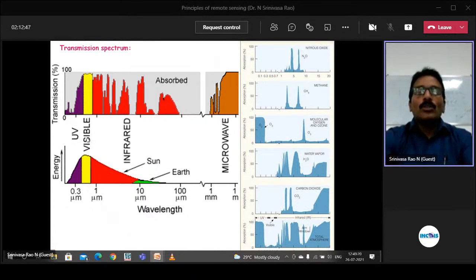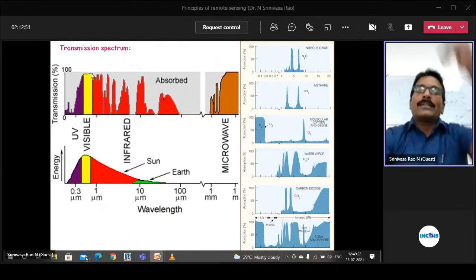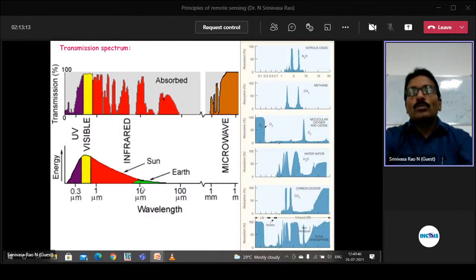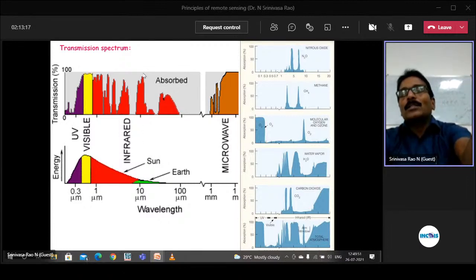Now, if you see this, visible light, maximum up to 90%, goes up to the sensor level. After that, the infrared region is also transmitting a little bit. Now if you come to the thermal region, most of it is absorbed. But in the thermal region, 10 to 100 micrometers, at this small portion, about 10 micrometers, maximum transmission takes place.